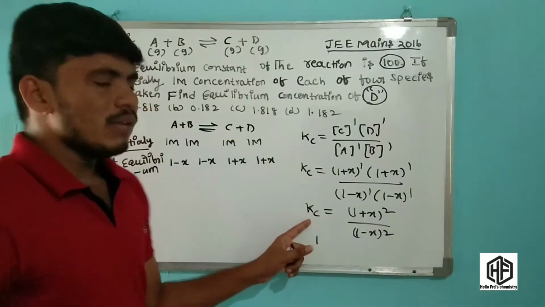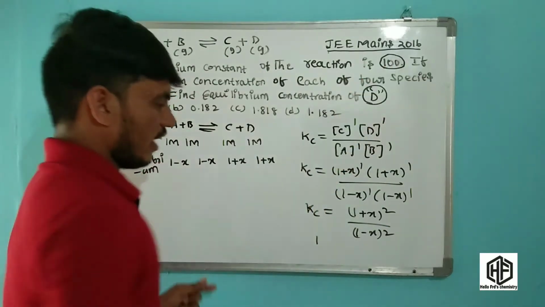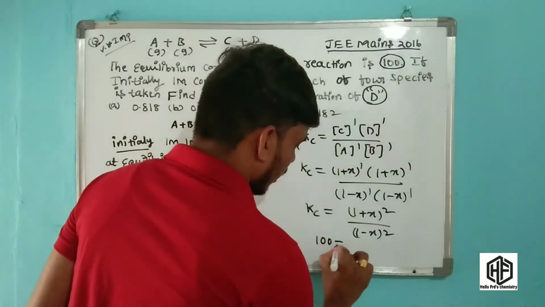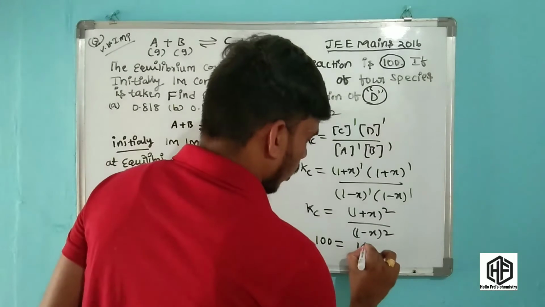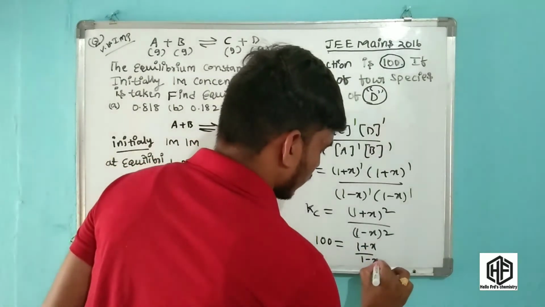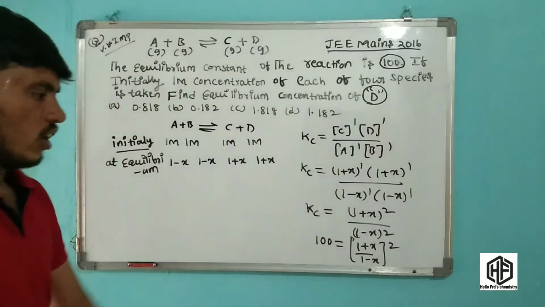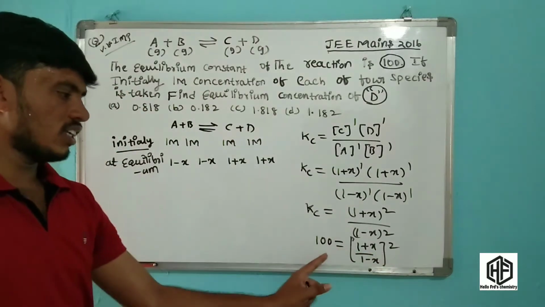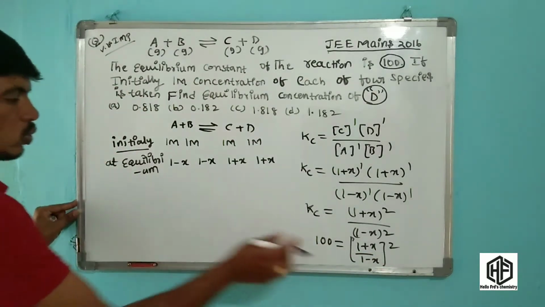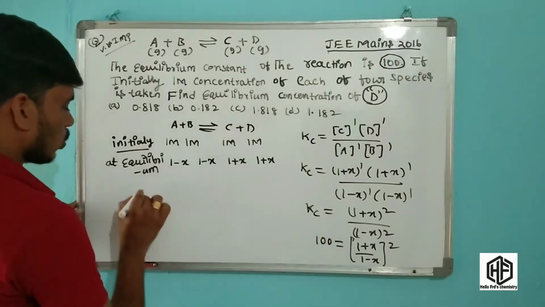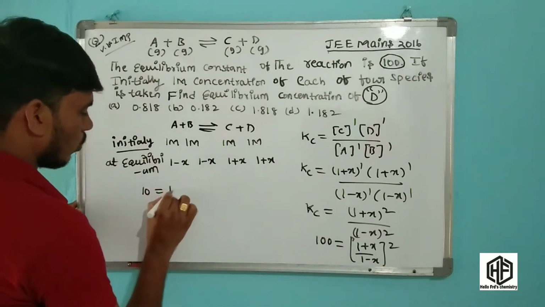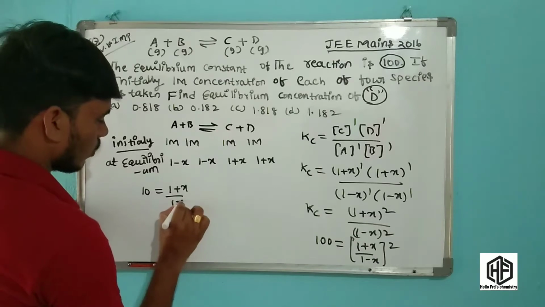Now equilibrium constant Kc is 100. So 100 equals 1 plus x by 1 minus x whole square. Now this side is a square, so on this side we take the root. Root of 100 is 10. Now 10 equals 1 plus x by 1 minus x.